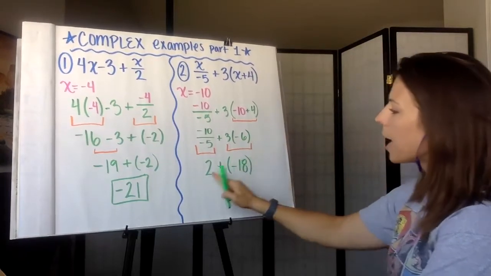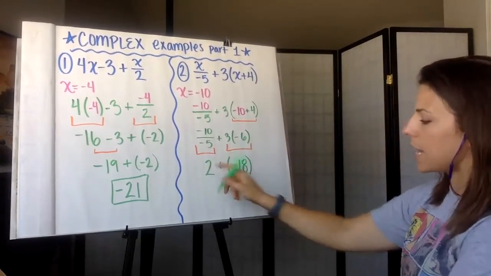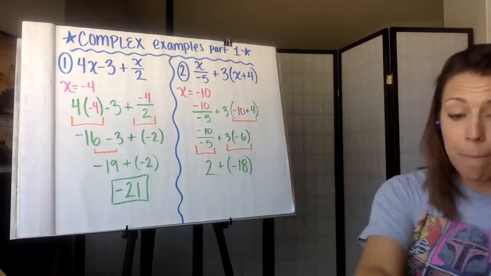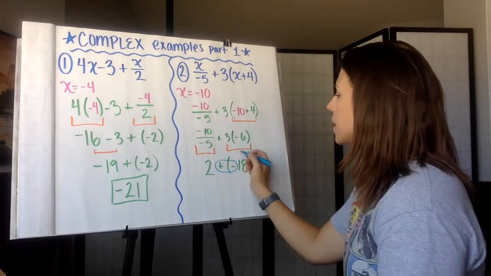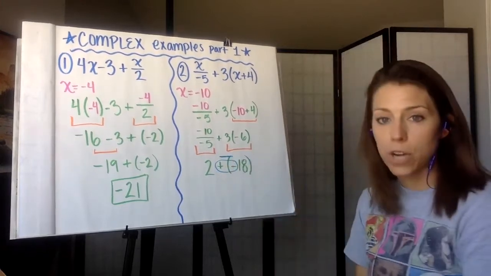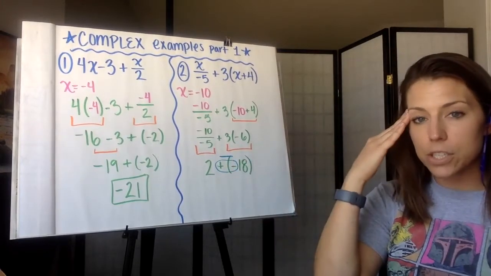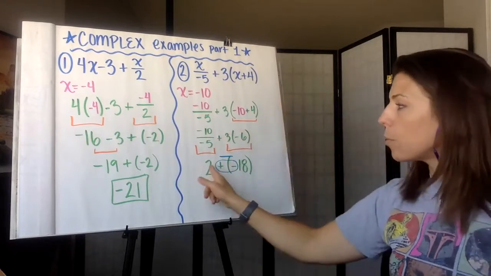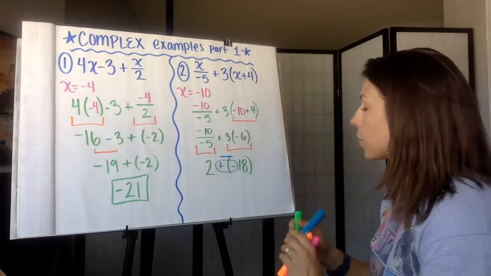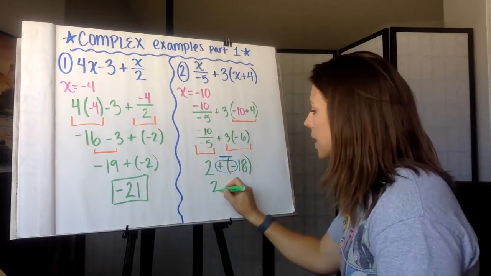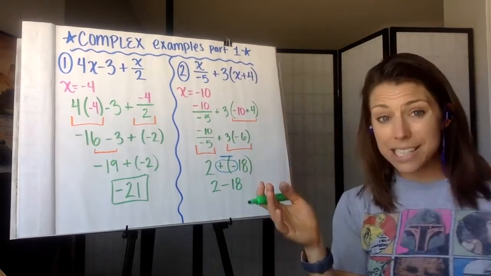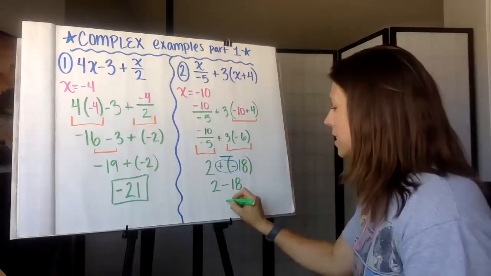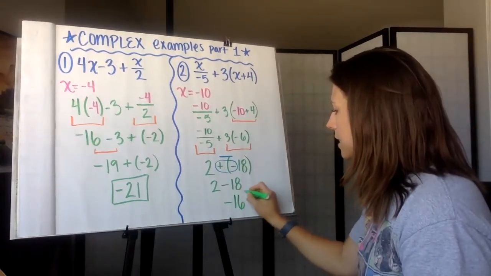Now here, because these are not both negatives, it might be easier to change this to the equivalent expression of subtraction. Some of us might have an easier time subtracting when one of the terms is positive. So if that makes it easier for you, you can think of this as 2 minus 18. And if I count 18 back from 2, I end up at negative 16.